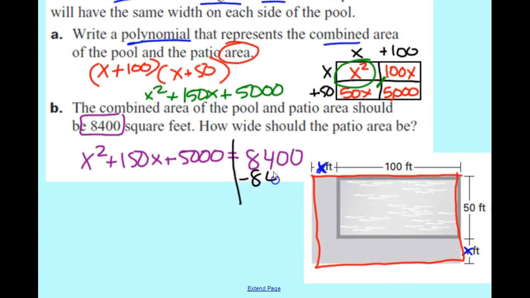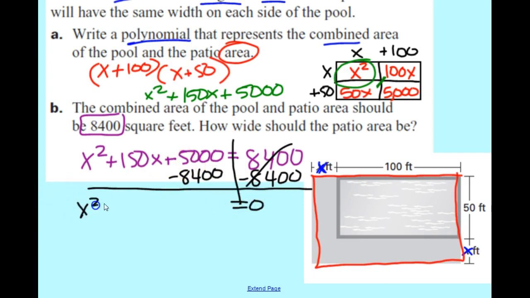So I'm going to subtract 8,400. And we're subtracting. There's more negatives, so this is going to be a negative number. 84 minus 50, well, 80 minus 50 is 30, and there's a 4 there. So it would be negative 3,400.